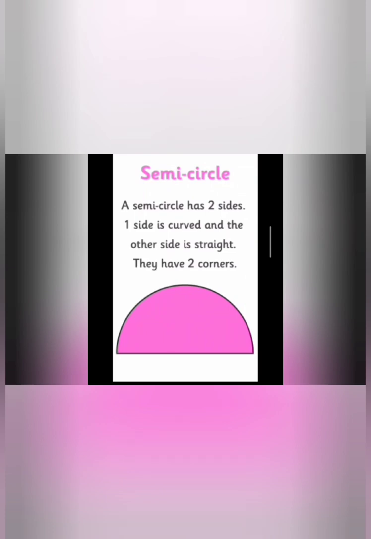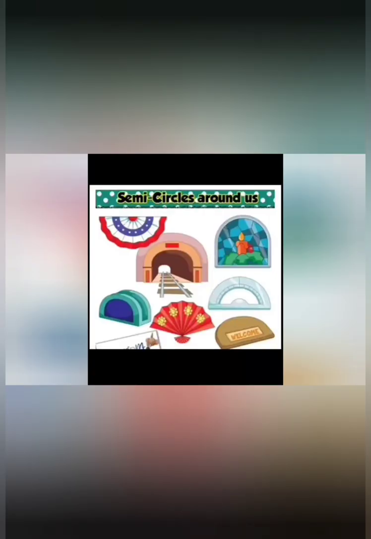So, a semicircle has 2 sides. One side is curved and the other side is straight. And they have 2 corners. You can see many examples of a semicircle in real life. Try to find out some around in your house.